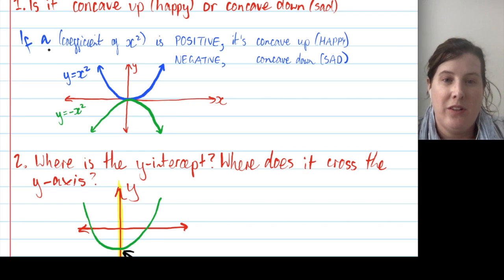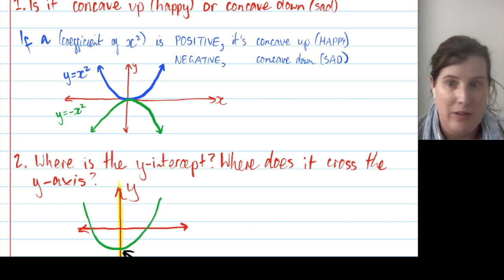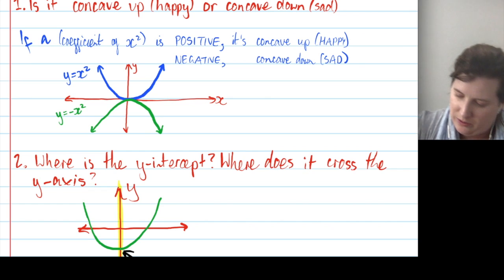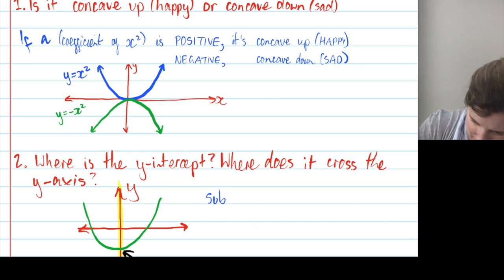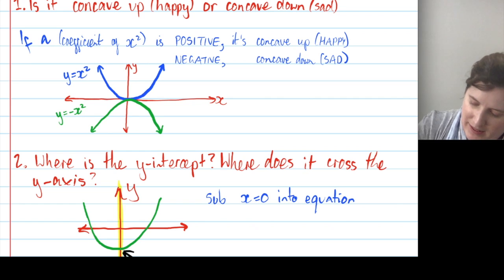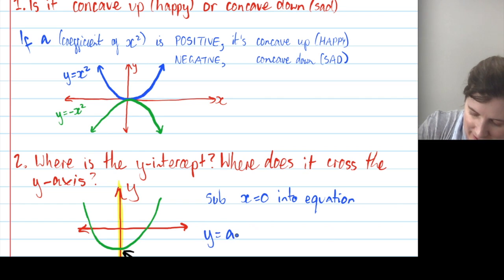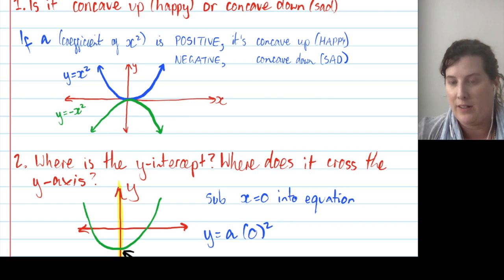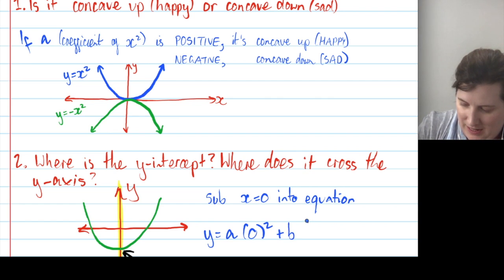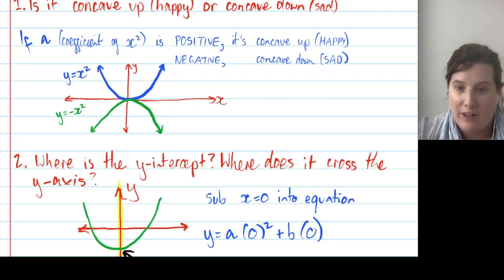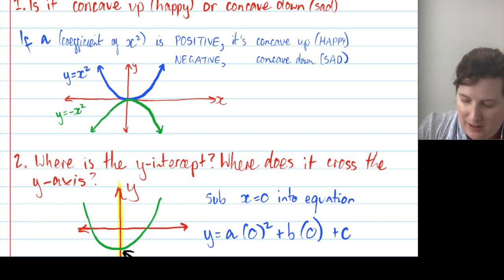So what we actually do is substitute x equals 0 into our equation, and that'll leave us with what y equals. So y equals a times 0 squared, where a is just whatever number is in front of the x squared, plus b times 0, where b is the number just in front of the x, plus c.